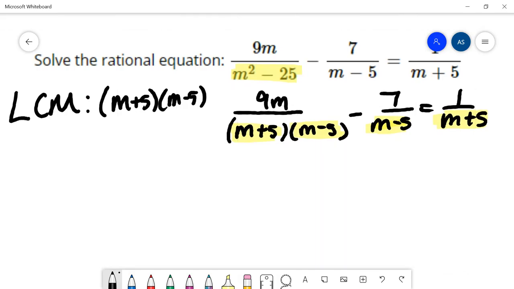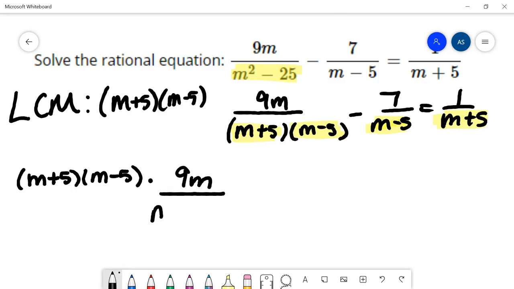So once we decide on that least common multiple, we're going to multiply that by every term. So m plus 5 times m minus 5 multiplied by 9m over m plus 5 times m minus 5.